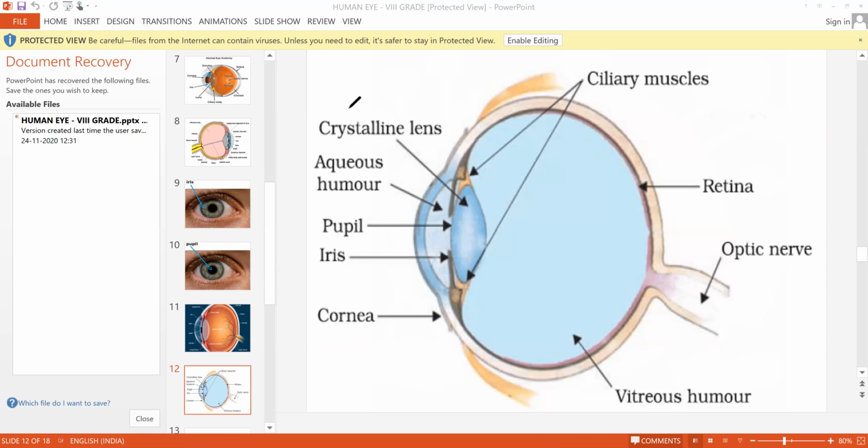So here you can see this. This is the ciliary muscles. Actually, it is the ciliary body. We call it the ciliary body. So it consists of some suspensory ligaments.